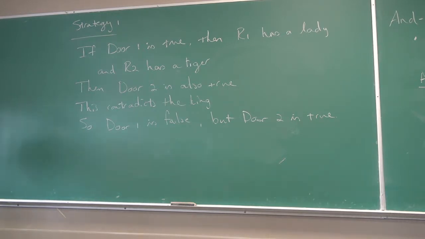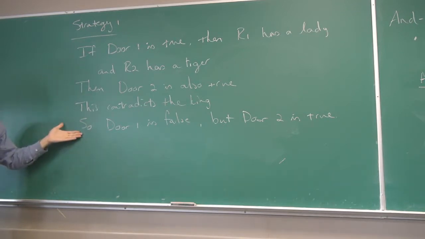This strategy is much more difficult to follow, but it is deductive reasoning that we're doing. Is everyone happy so far? Does it make sense so far? You have to follow this 100%. There's no guessing at any stage. So we've concluded door 1 can't be true. So door 1 is false.